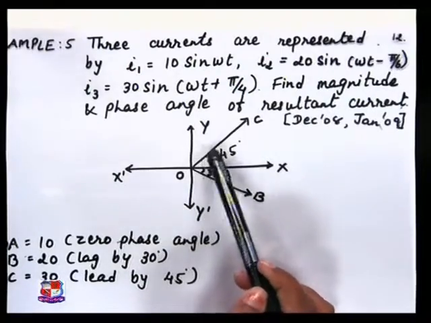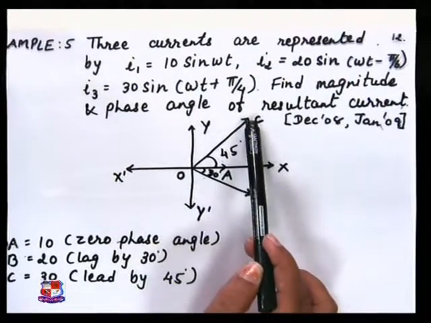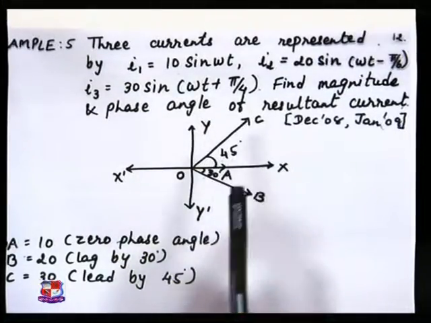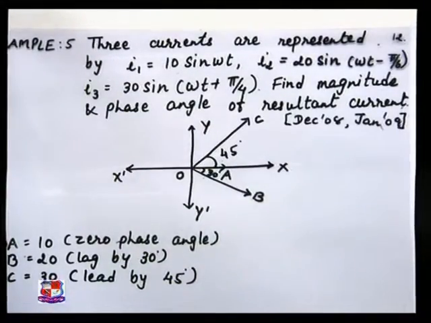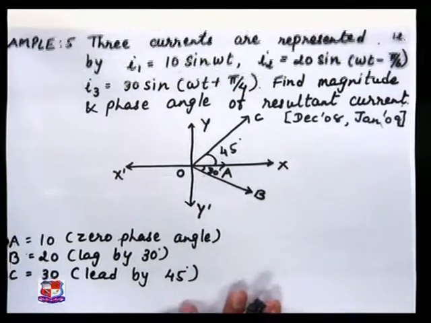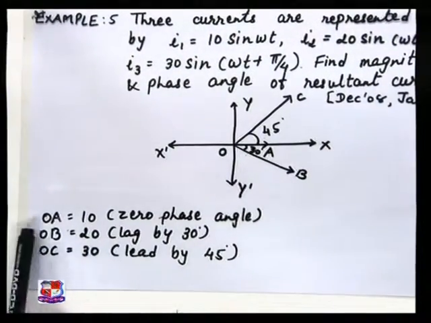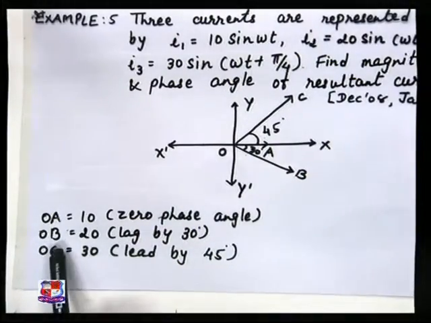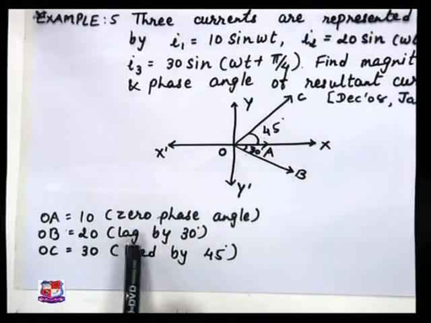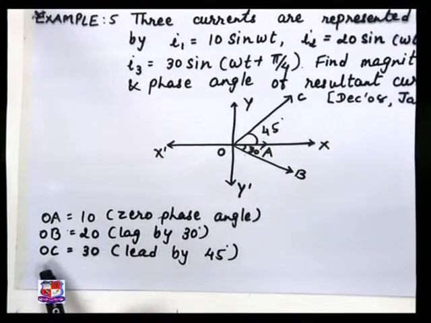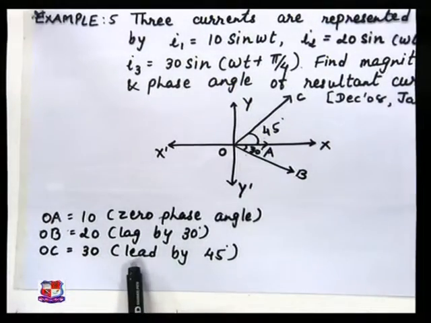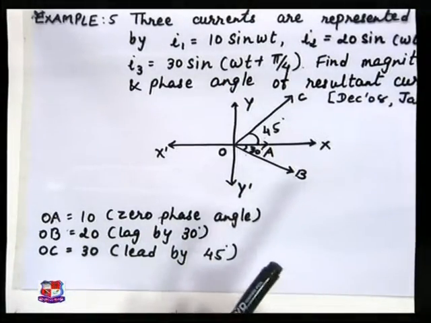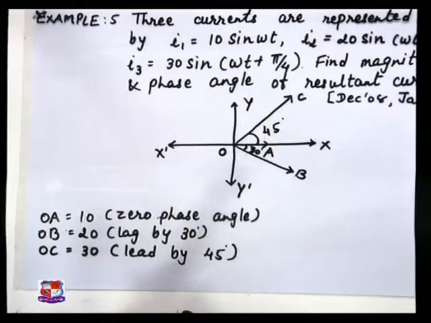So here it is OC, magnitude 30 and angle plus 45. So OA is equal to 10 with 0 phase angle, OB is equal to 20 lagging by 30 degrees, and OC is equal to 30 leading by 45 degrees. This is just a representation of alternating quantities by vectors.